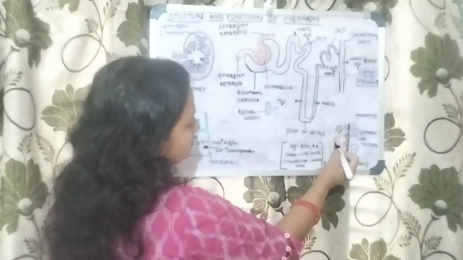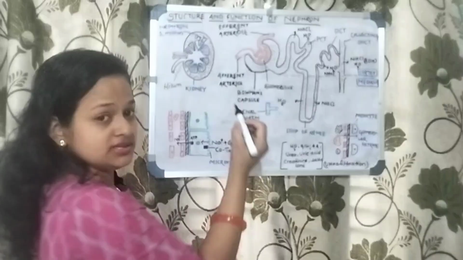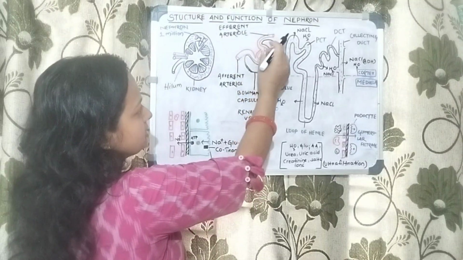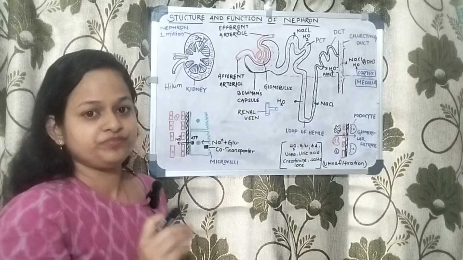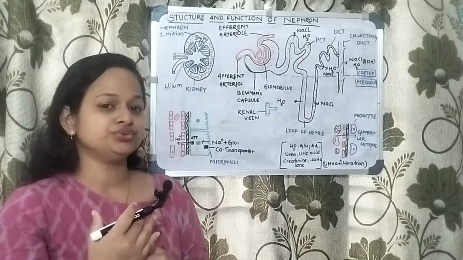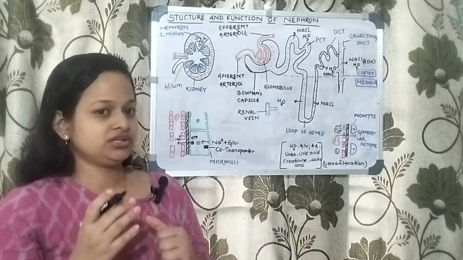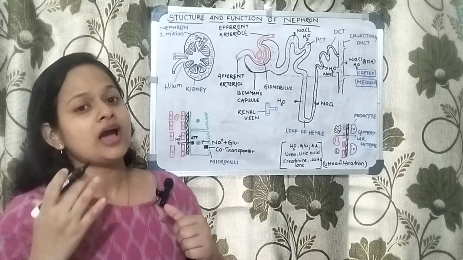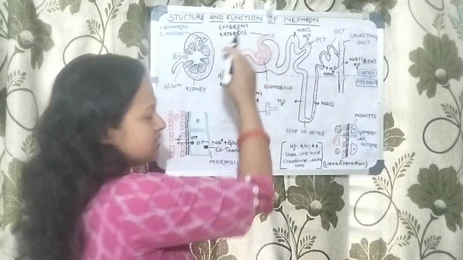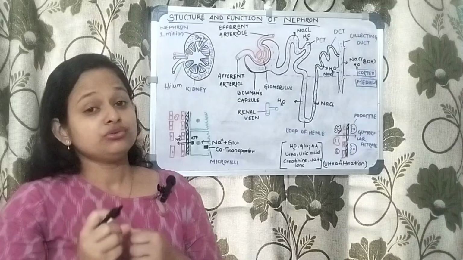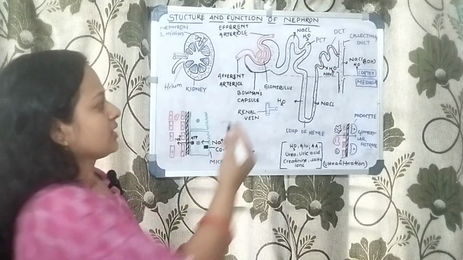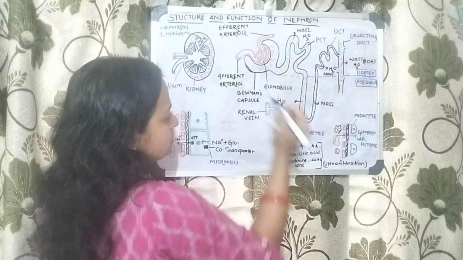And as you can see here, the afferent arteriole is wider than the efferent arteriole. So the blood that comes from the heart through the renal artery comes with a high pressure. When it enters into the glomerulus, a pressure is created in the blood, and the small pores are here.